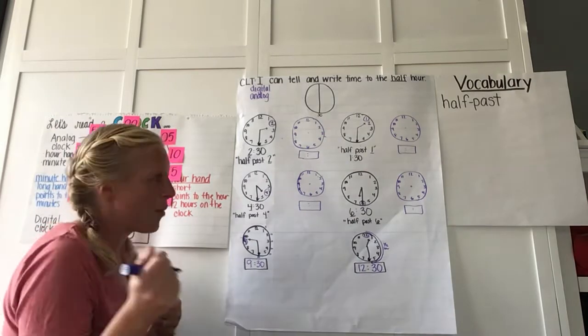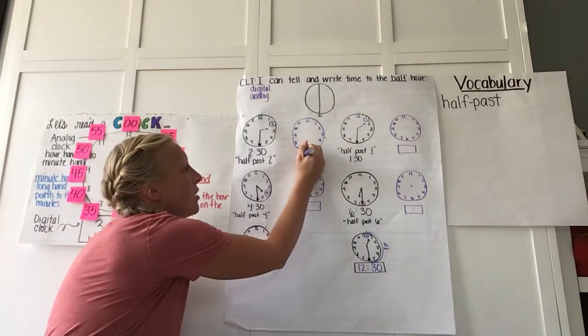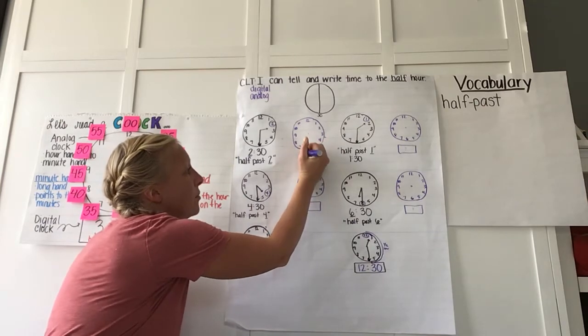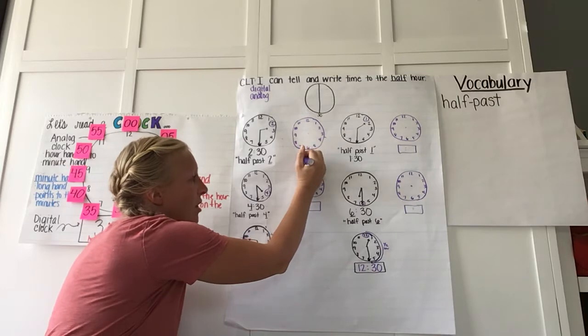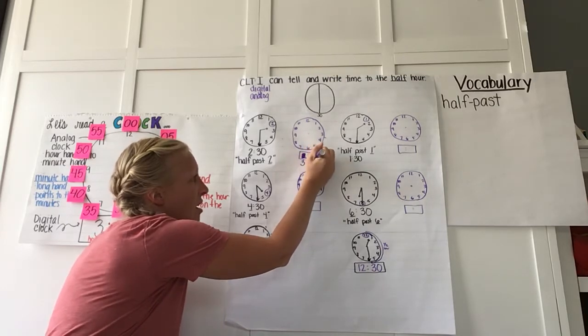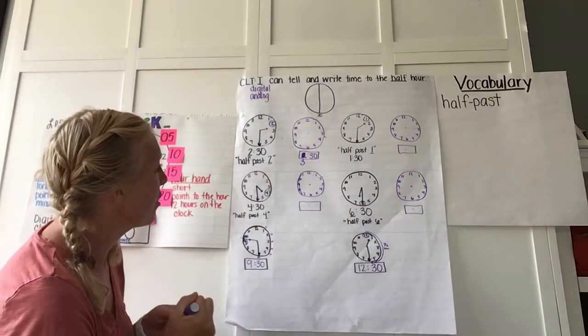All right, I want you to show me your first one is going to be, let's see here. I want to change my mind. I want you to write 3:30.